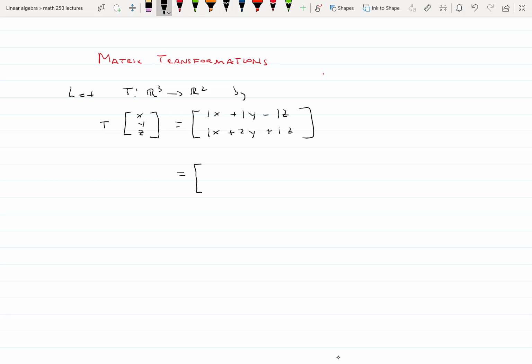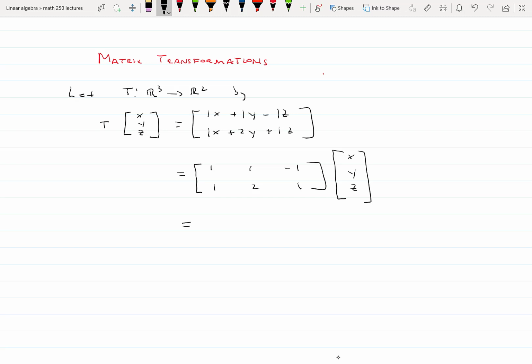Let's take the coefficients and form a 2 by 3 matrix and multiply by the column vector x, y, z. If you want, you can mentally do this multiplication and see that it's exactly our original linear transformation.